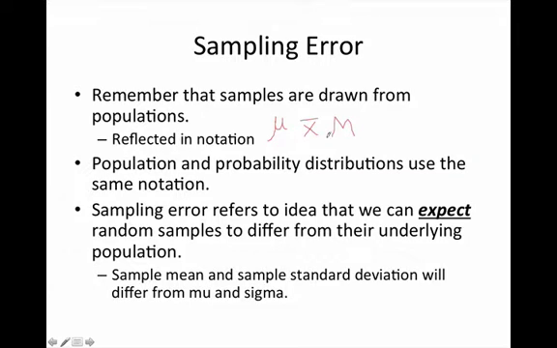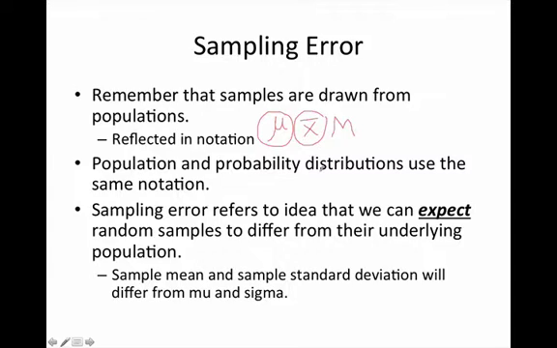So when we're referring to distributions of samples, we're dealing with x bar, okay? And when we're referring to distributions of populations, we're referring to mu's. And so the population and the probability distributions use the same distribution, and use the same notation.